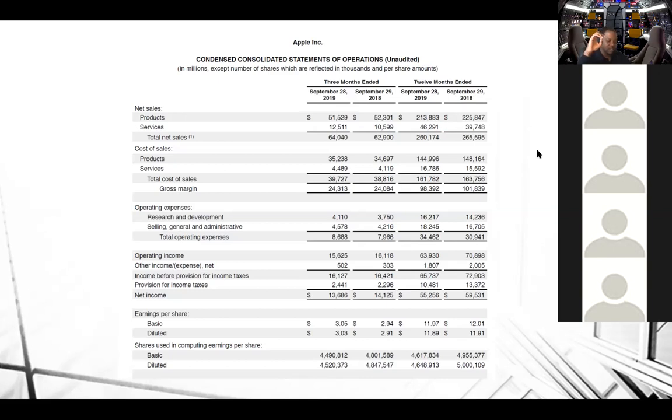Anybody know? So for Apple, their fiscal year end is the last Saturday of September. Isn't that crazy? They just say on the last Saturday of September, that's when we're going to close. So when you look at comparative, you're always going to see different dates on there because they're just taking that last Saturday in September.